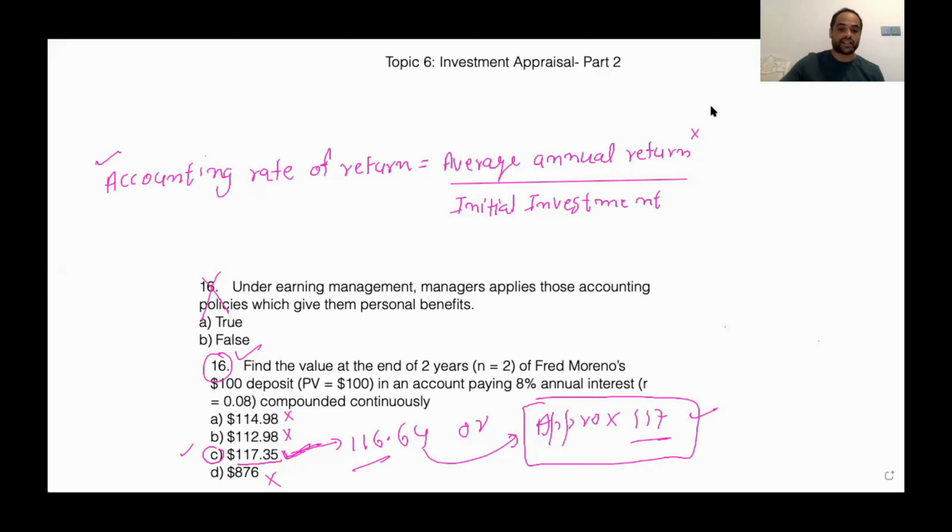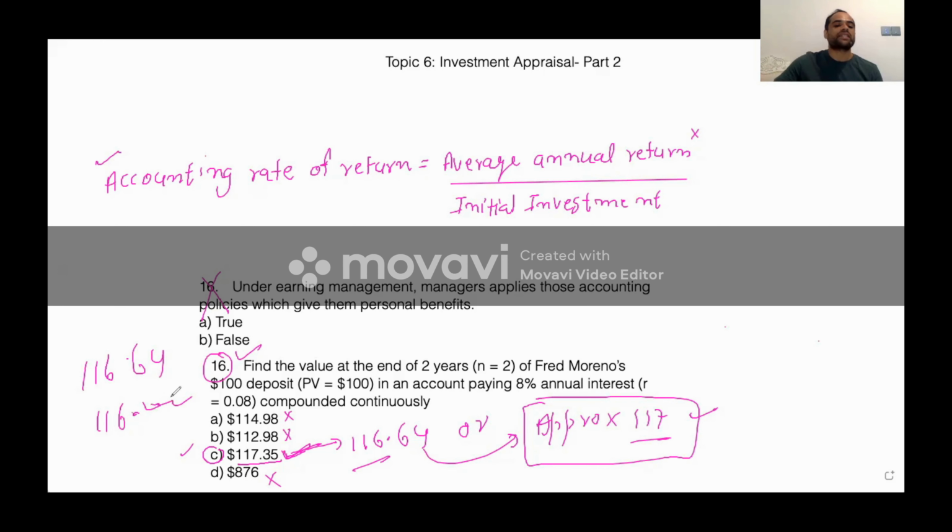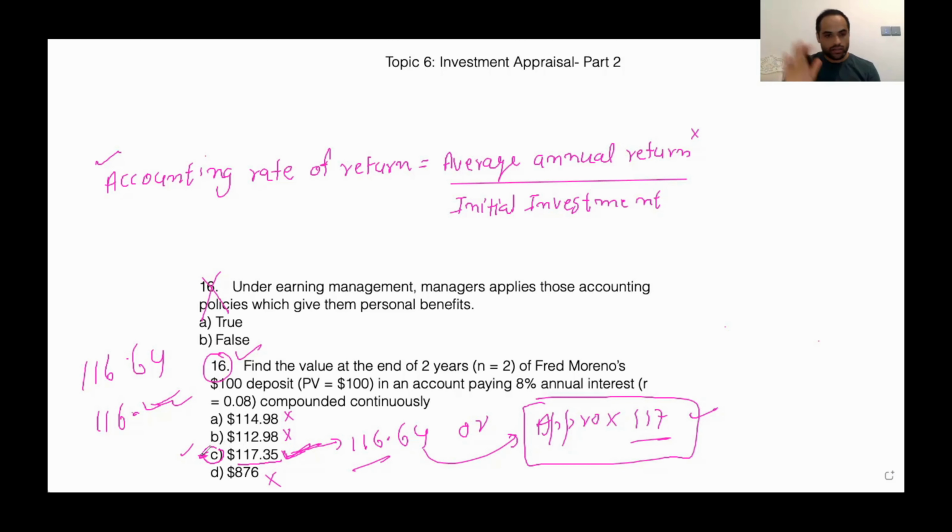Maybe you were confused that the answer is wrong, so that's why you wrote 116.64 or 116 something. If your answer is 116 something point something, that's fine, as long as it's close to option C. If you wrote the answer 116, you will get full marks. So don't worry about it. Okay, thank you, teacher.